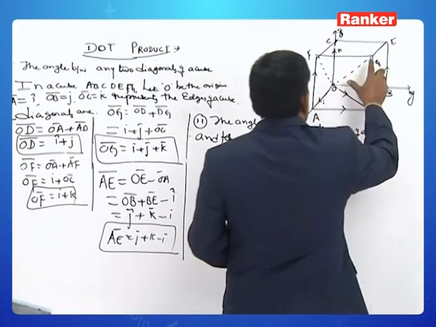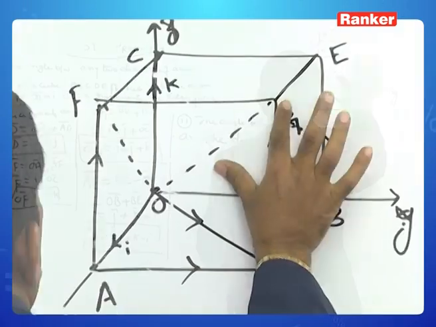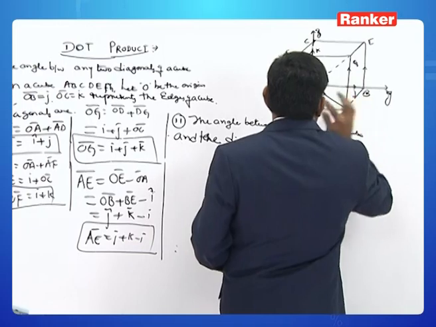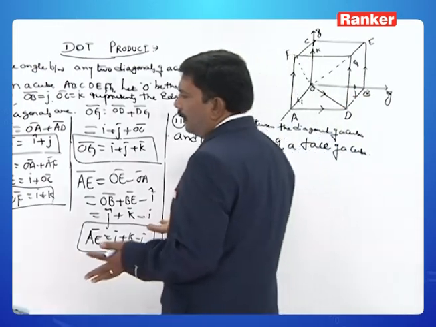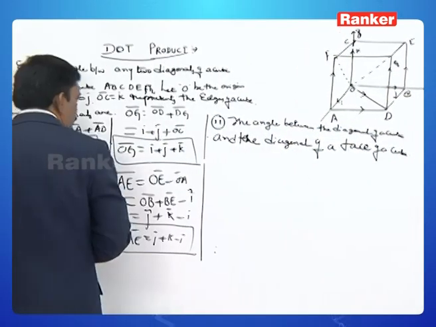Let us see, the diagonal of a cube is what? OZ. Face diagonal is what? OD. If you want, you can take OF also, it makes no difference.